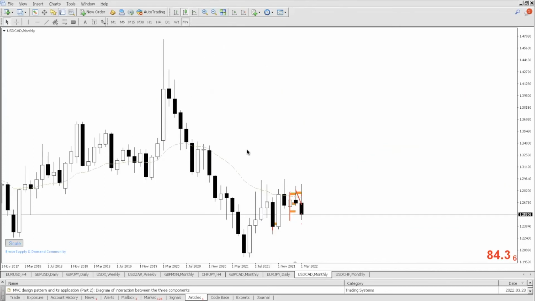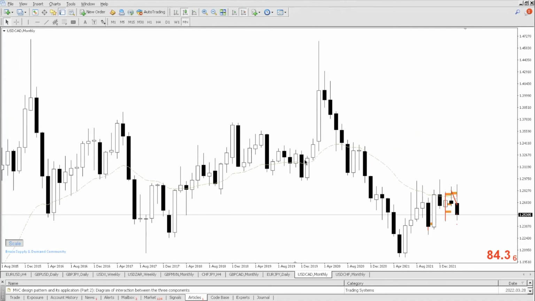When you look here at this chart, without any analysis, you can find that this pair is low on the monthly curve. Monthly curve, we mean these candles, they represent one month of time.